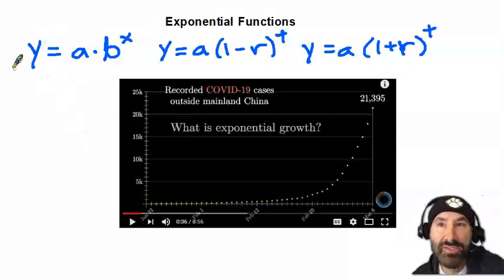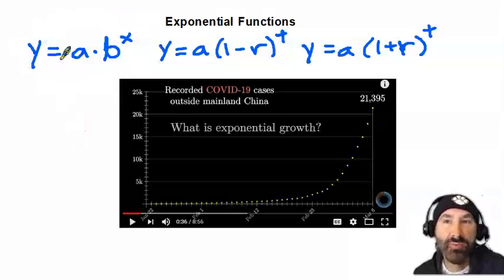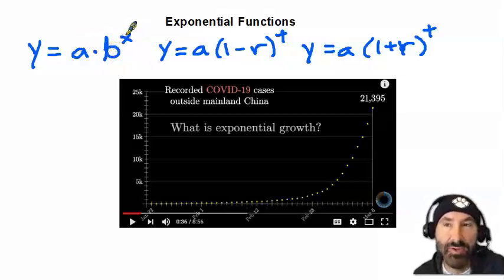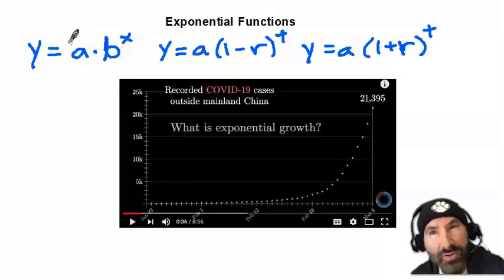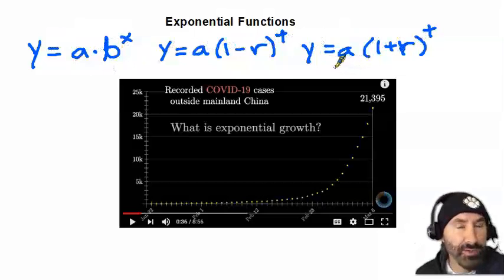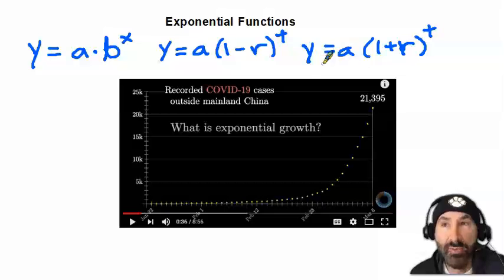So if you ran into an exponential function on the street, what would it look like? Well, it's kind of in this form over here: y equals a times b to the power of x, and a is some initial amount, and then b is the base, and x is the exponent, and it makes more sense if we look at this function in one of these two forms over here. A lot of times when we're talking about the growth of money, or money going away, we'd see it in one of these two forms.